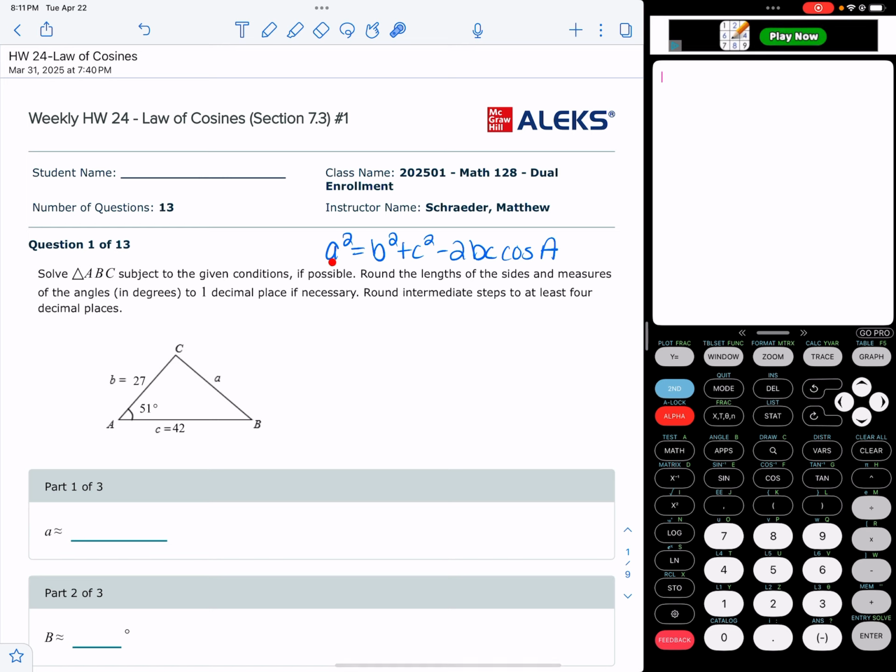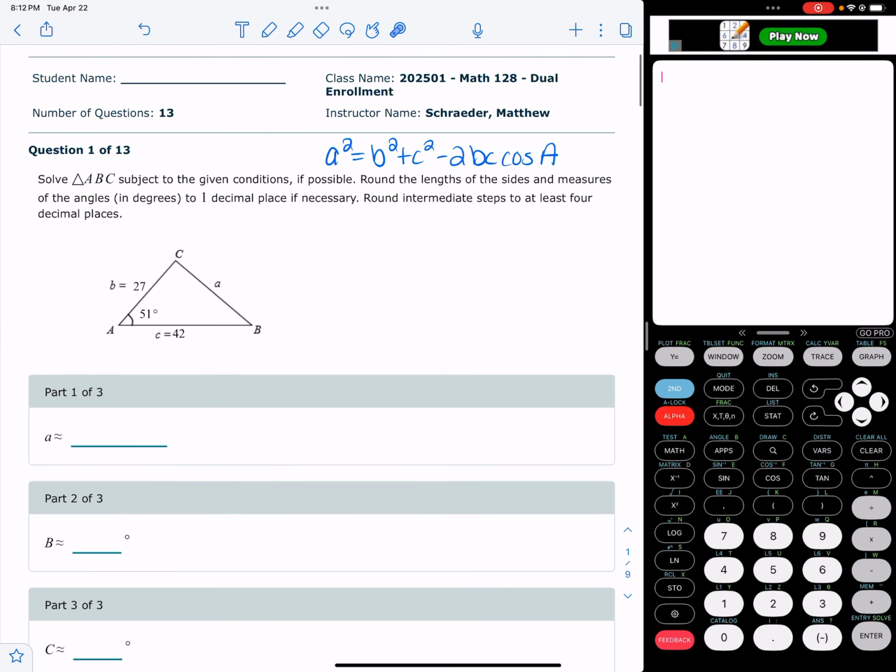So you could do b squared equals a squared plus c squared minus 2ac cosine B. As long as these two match, you're good to go. You can rearrange it how you need to.